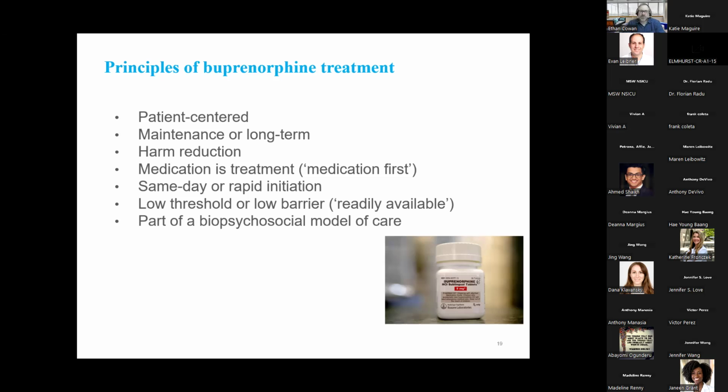This is not going to be an issue for hospitalized patients, but the idea is not to detox patients. We don't detox patients off opioids. I know people will talk about this all the time, and patients sometimes want to be detoxed off opioids. And there are places that do this.